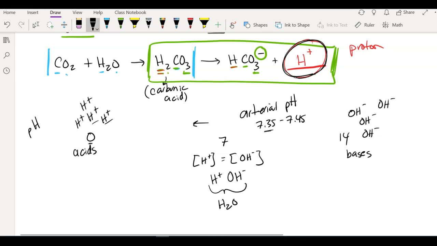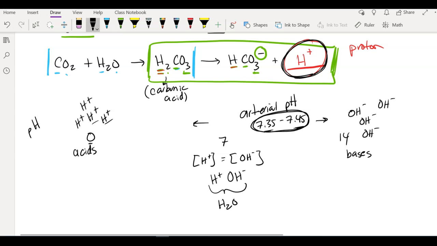Not good. As well, anything that pushes you above 7.45, let's say 7.5, that pushes you in this direction towards bases. That is not good as well. So the moral of the story here, in order to keep us within this normal range of 7.35 to 7.45, we need to control how much H pluses we have in our bloodstream.